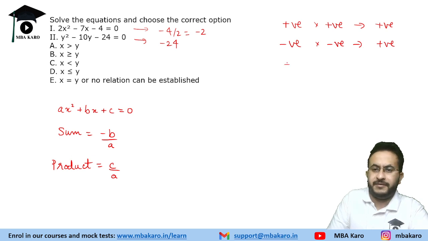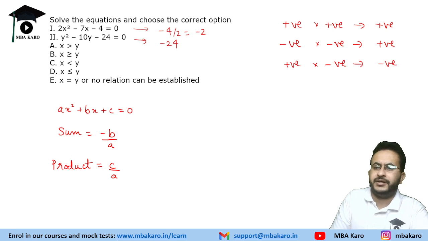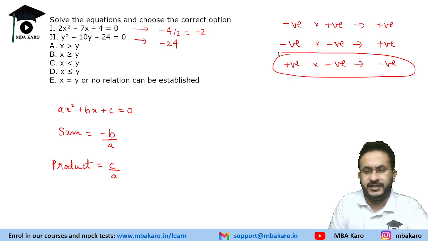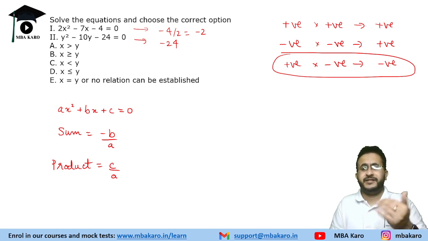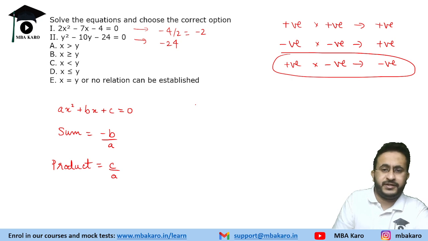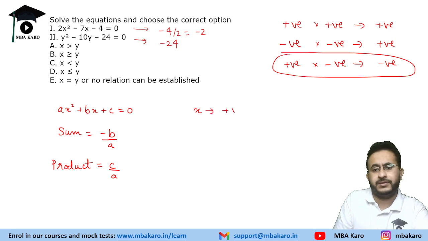But if you multiply one positive number and one negative number, the answer is going to be negative. So the product is given to us as negative. That means one value is positive, one value is negative. Okay, so x is positive also and negative also. Similarly, y is positive also and negative also.